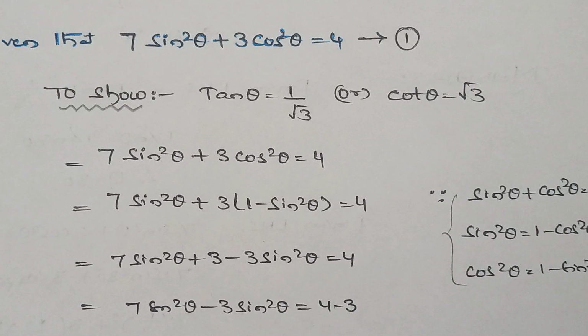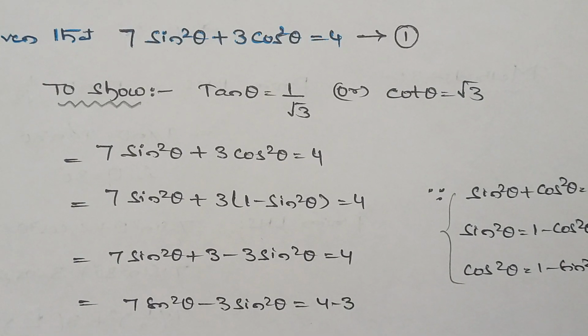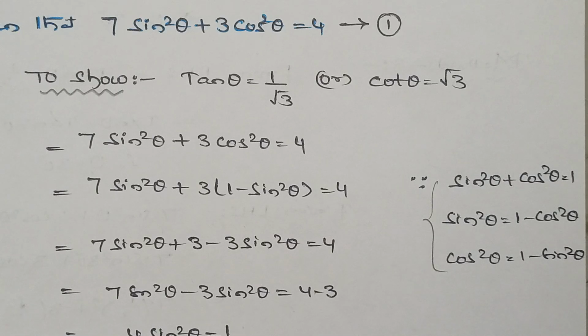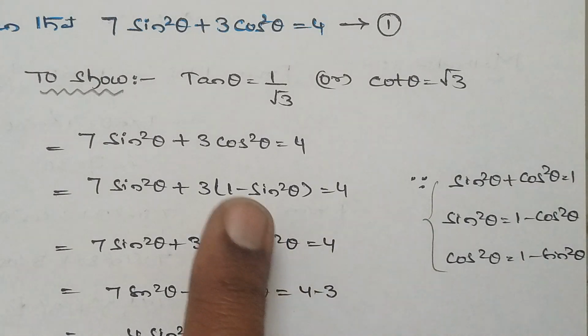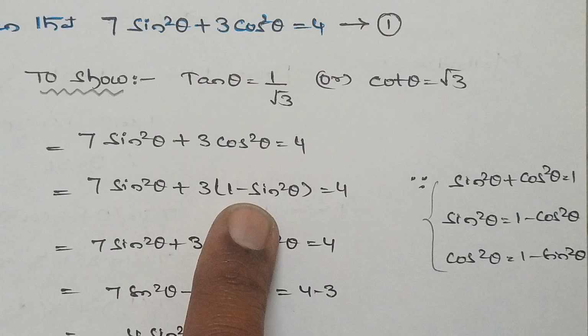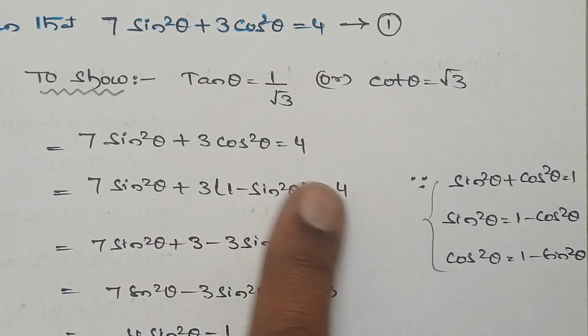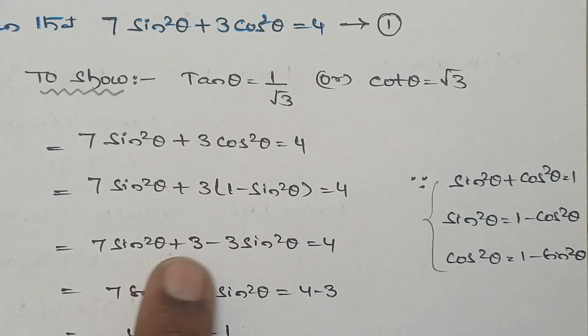You can convert into any one of the trigonometric functions. I'm converting cos to sine. According to the first identity, sin square theta plus cos square theta equal to 1, so in place of cos square we can replace 1 minus sin square theta. This one remains the same, this also remains the same, change only this part.